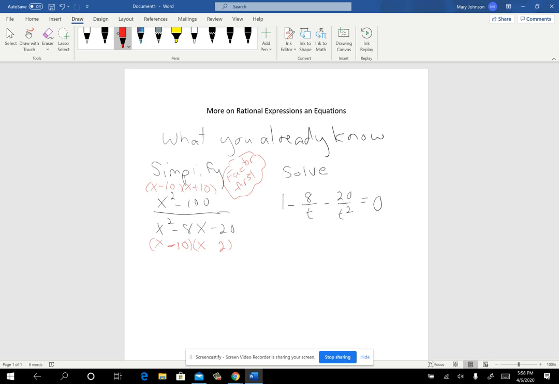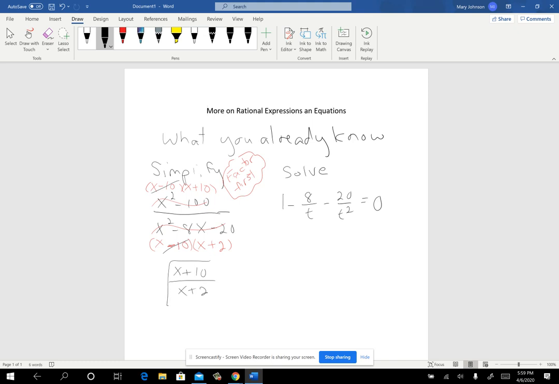Needs to be a minus on the 10 and a plus on the 2. Once you've checked and made sure you have it factored correctly, you've now rewritten it in factored form. You now look for anything common on the top and the bottom that you can cancel out. So I can knock out the x minus 10s that are common. So my final answer, the simplified form of this, is x plus 10 over x plus 2.